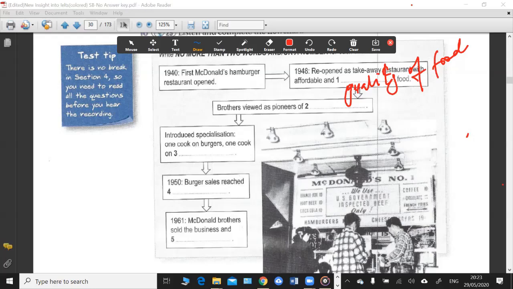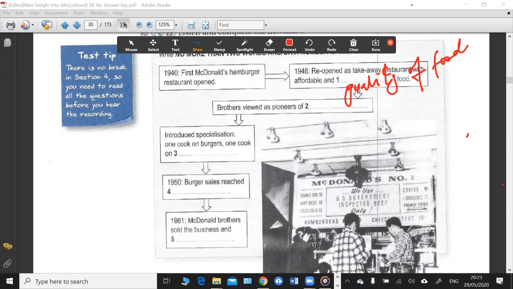Pioneers of persons. Like I say, Bill Gates is the pioneer of Microsoft. Pioneer means pathfinder, exactly, the people who started something, those who initiated that.